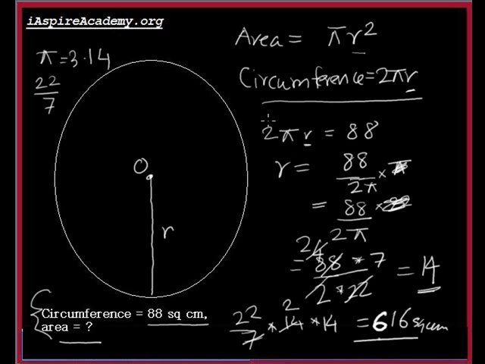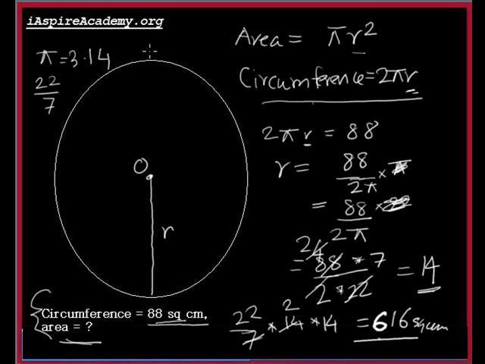So just quickly recap the problem. We were given the circumference and we are asked to find out the area. So the way we did it is that we first found the value of r from the circumference and used the value of r to calculate the area. The other thing to note is that depending on what numbers you have, you may wish to use 22 by 7 sometimes instead of 3.14.